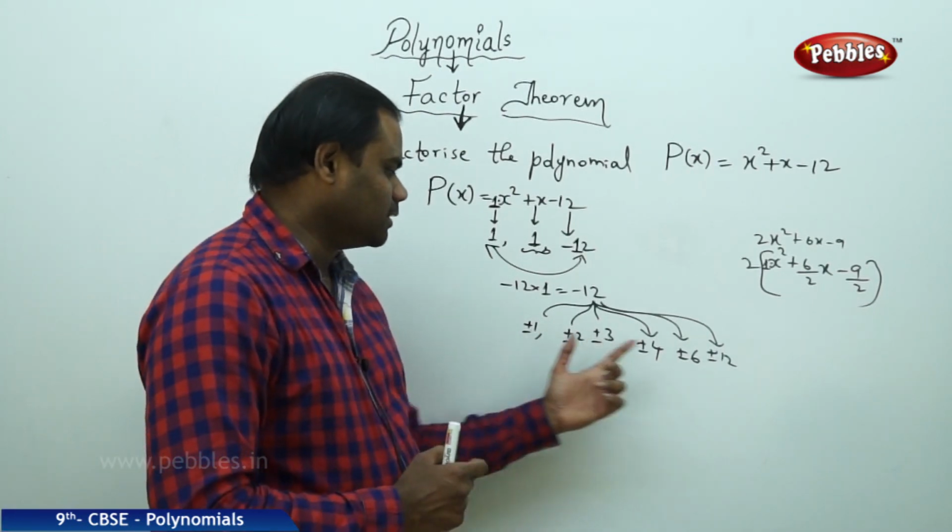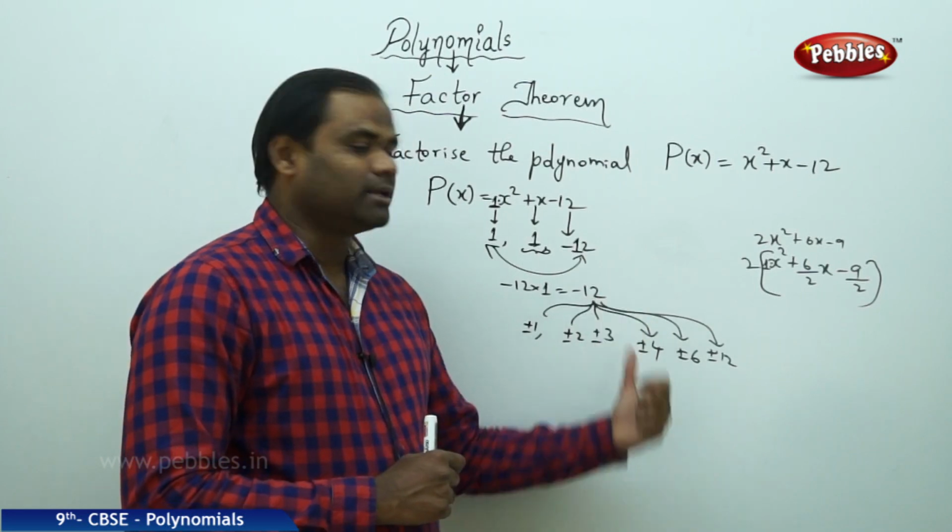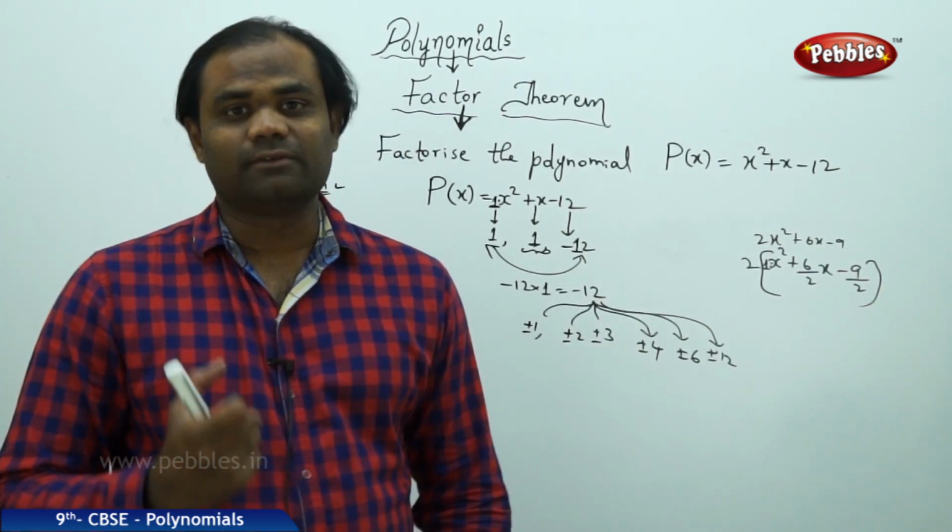So I have possibly here 6 different factors for minus 12. This is how I identify the factors.